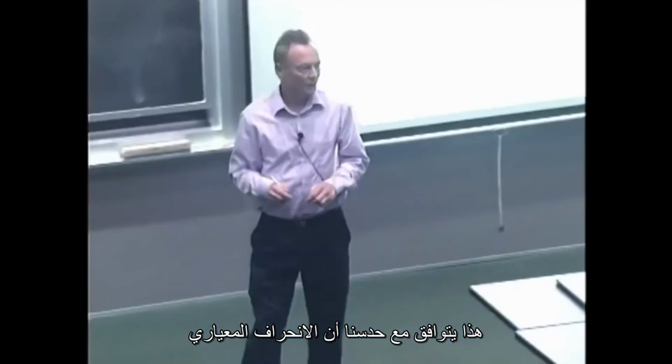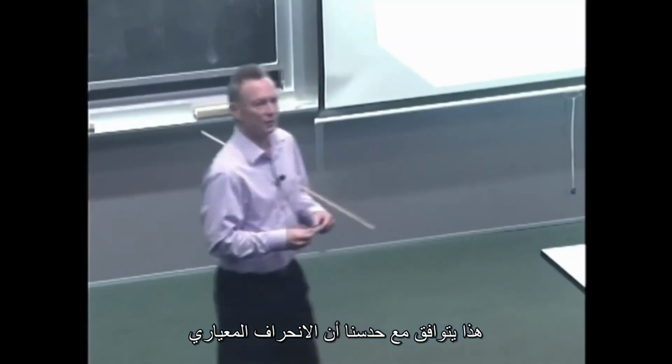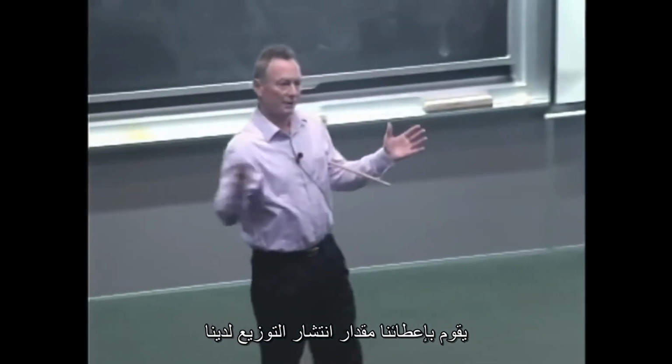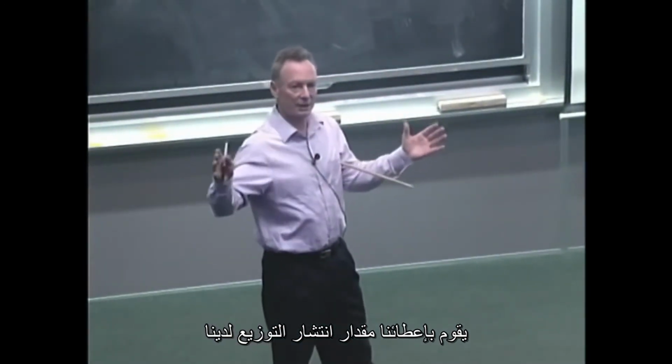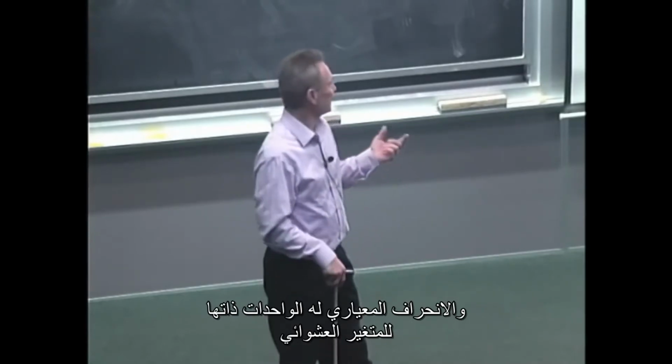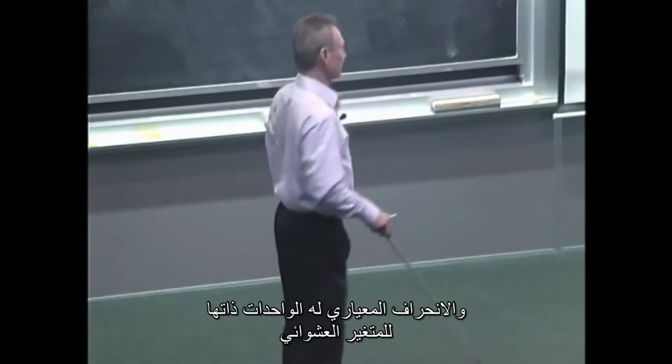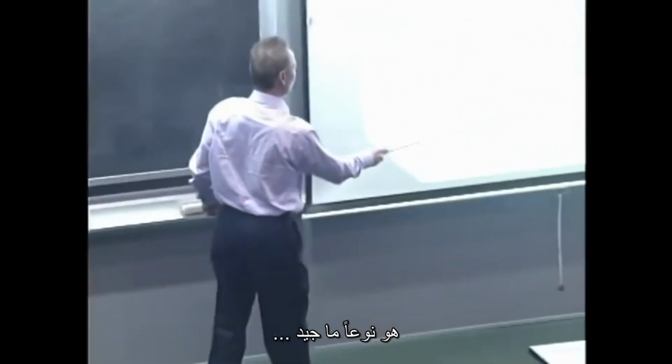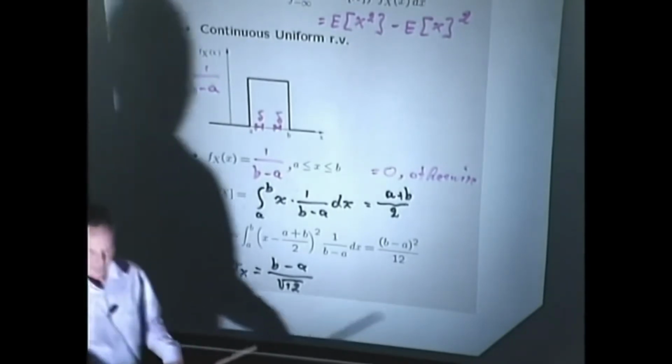You see that the standard deviation is proportional to the width of that interval. This agrees with our intuition that the standard deviation is meant to capture a sense of how spread out our distribution is, and the standard deviation has the same units as the random variable itself. So you can interpret it in a reasonable way based on that picture.